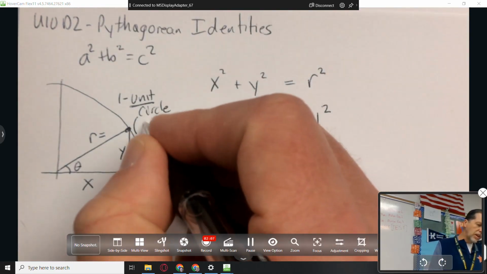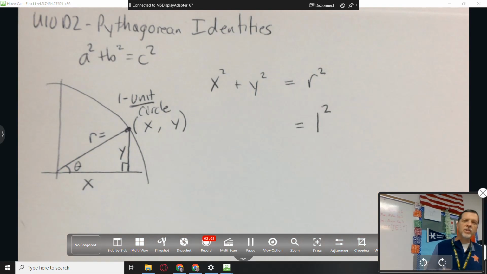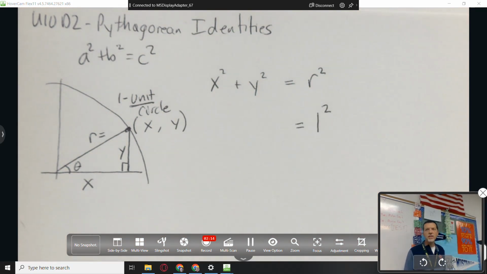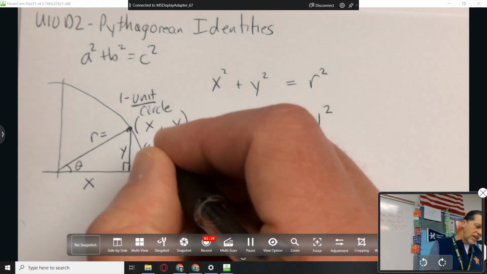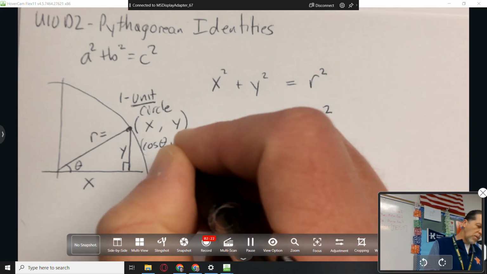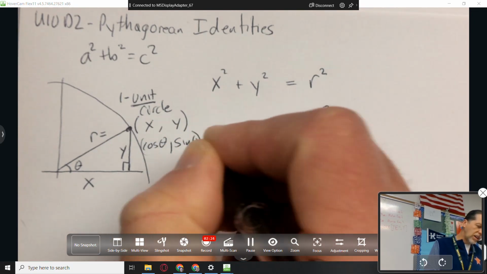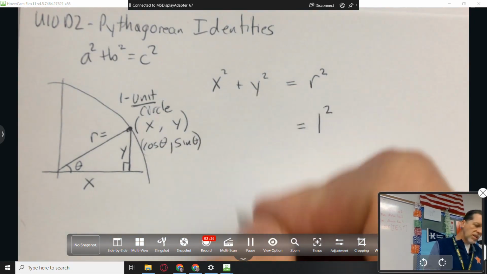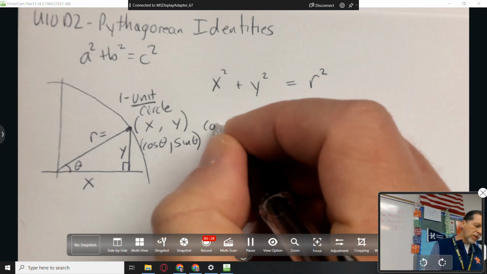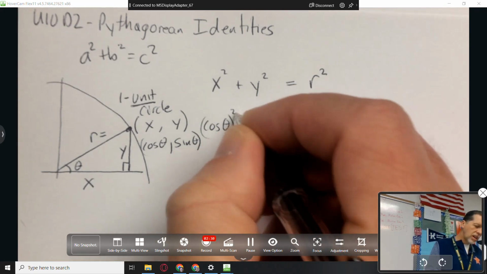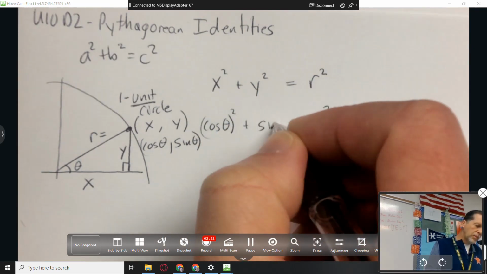It was x comma y, but what did the x coordinate tell us about the angle? Cosine. And the y coordinate was sine. So in place of x, we could put cosine of theta, and in place of y, we could put sine of theta.